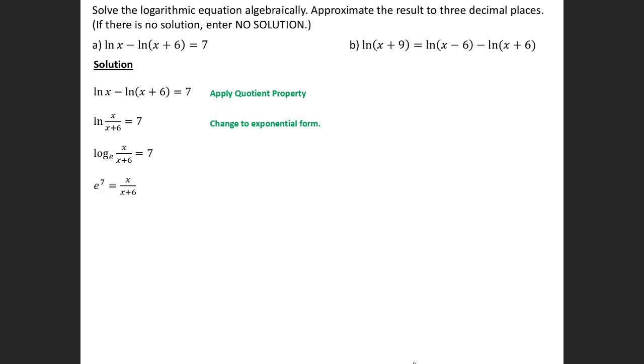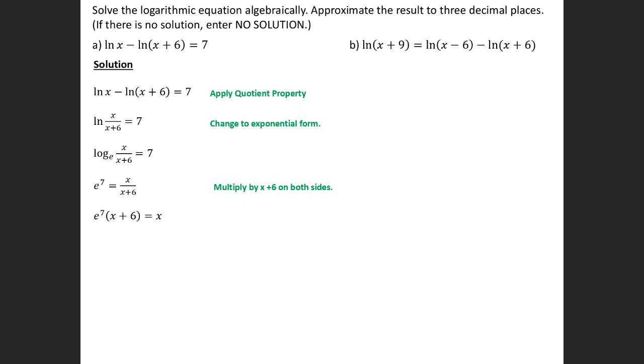I'm trying to solve for x, so I'm going to multiply both sides by x plus 6. We multiply x plus 6 and x plus 6, so this cancels, or becomes 1. So we get x equals that stuff there. You'll see it on the next slide.